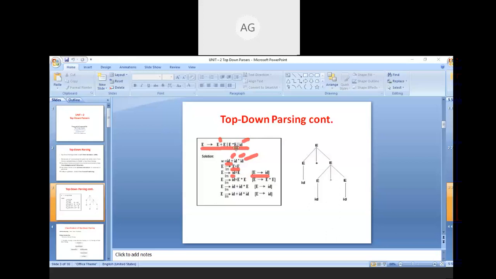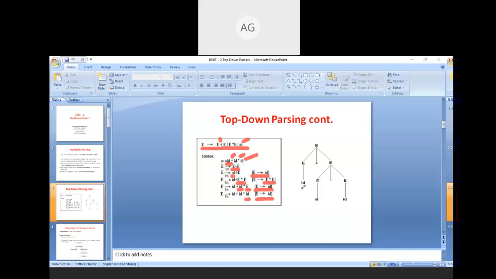So we can take the second production and replace this E with E into E. Here you can see that the previous E is replaced by E into E, and after that we convert this E into ID by using the production E produces ID, and finally we convert the last E into ID by using the production E produces ID. So at last we get the required string.